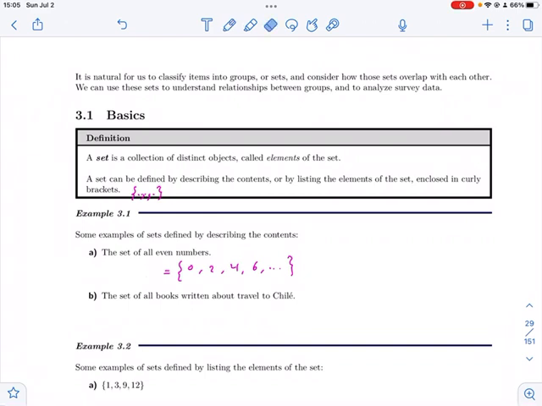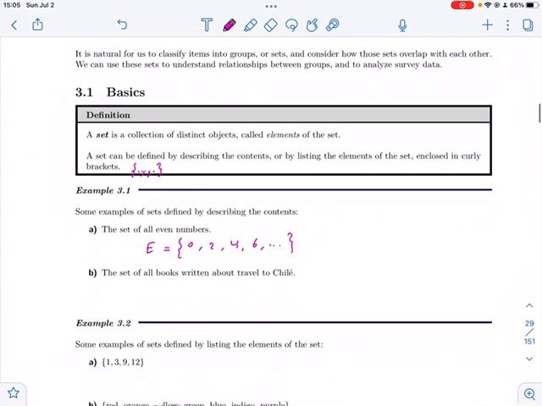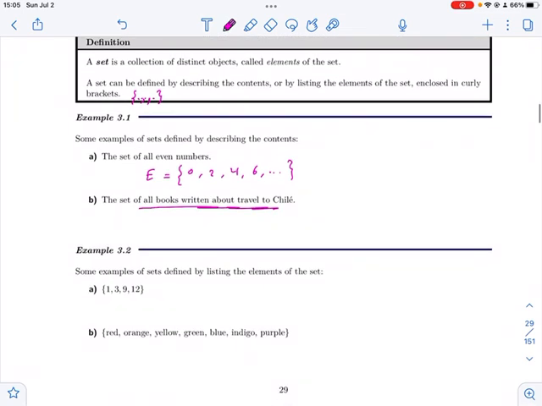Now, part B, the set of all books written about travel to Chile. Here we cannot write all these books, so we just describe the content. Sometimes we can describe the content by listing the elements, and sometimes this is not easy to do. For example, for even numbers, we could list some and then put 3 dots.